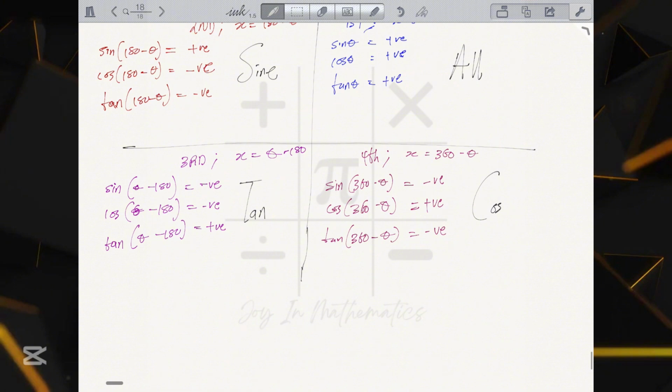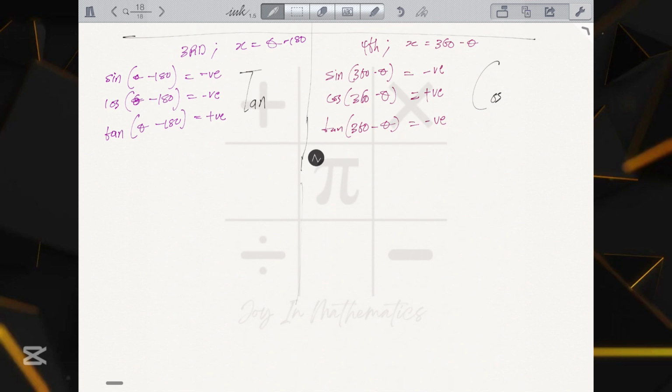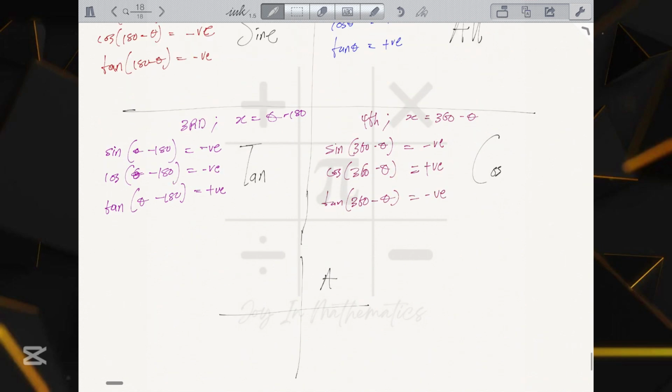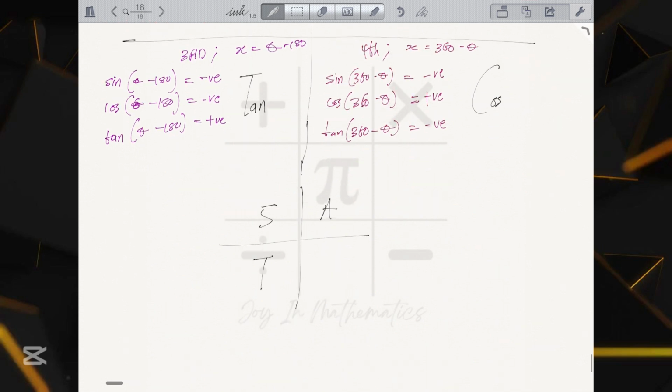So the inference here, it's simple. If you draw a short one, all is positive here, only sine is positive, tan is positive in the third quadrant, and cos is positive in the fourth quadrant.